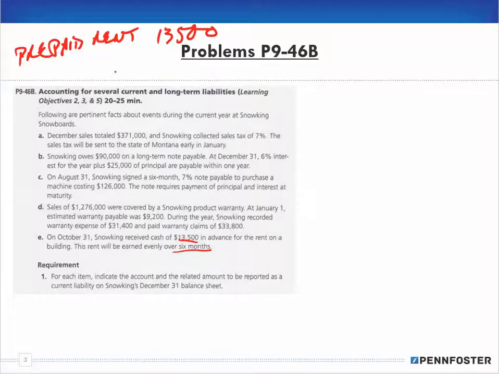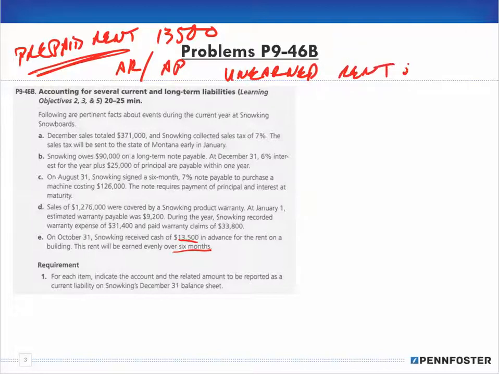Just like accounts receivable and accounts payable are two sides of the same coin, if you have prepaid rent and you're giving it to another company, that company is showing it as unearned rent revenue. And the rent will be earned evenly over 6 months.